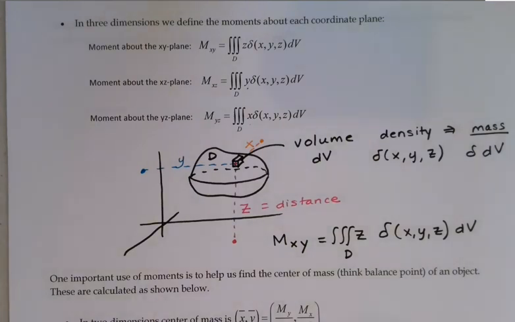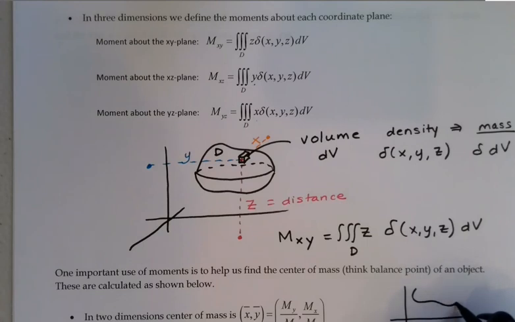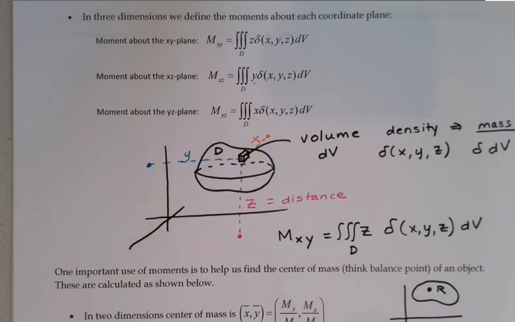All right, the moments in and of themselves probably have uses in physics, but in fact, the biggest use of moments is actually to calculate the center of mass of our objects. Think of these as balance points of the object. So if I imagine a two-dimensional region again, the center of mass, x bar, y bar, is just the point that I would have to support that region at in order to get it balanced perfectly.